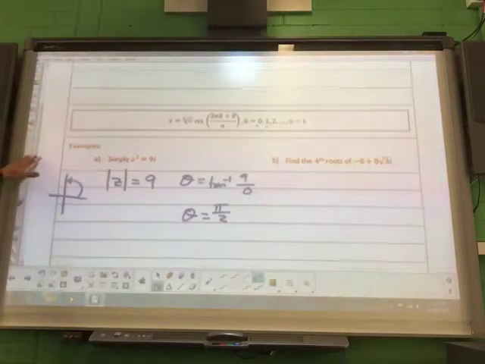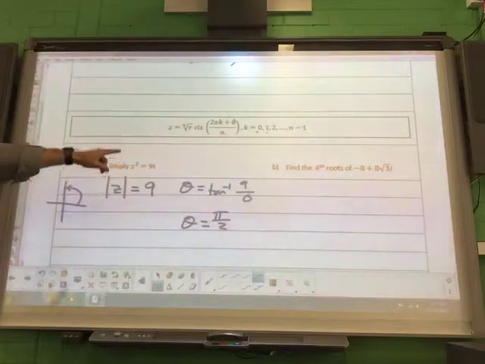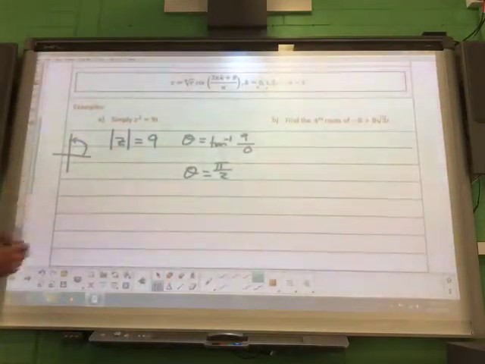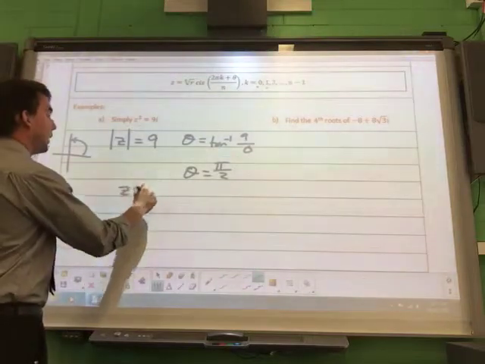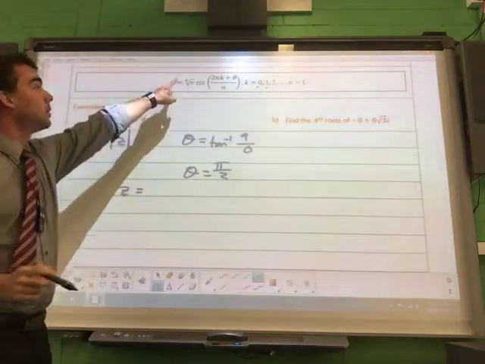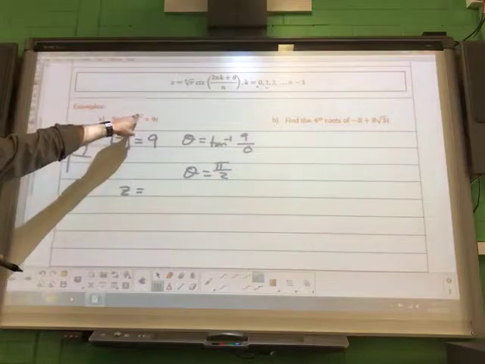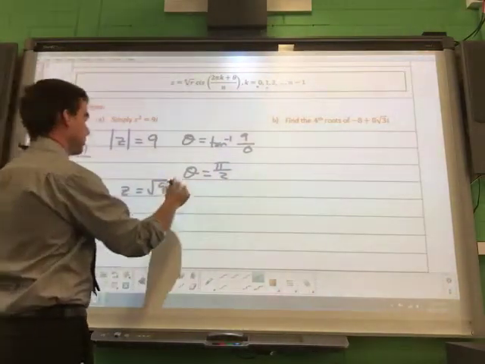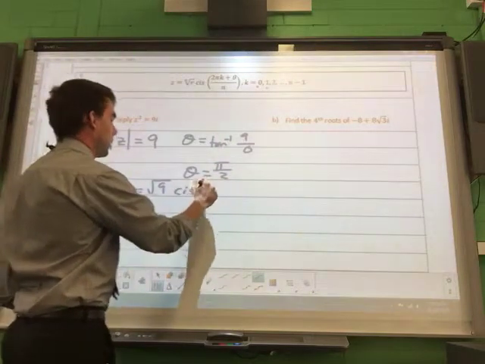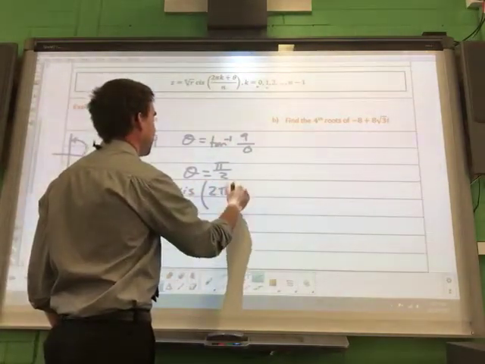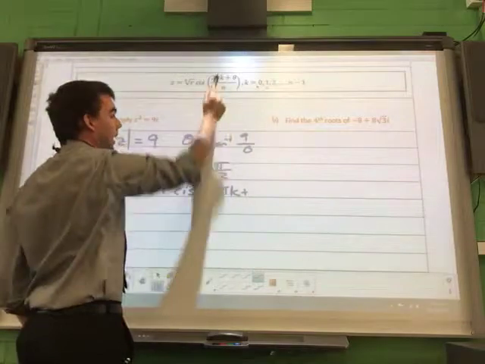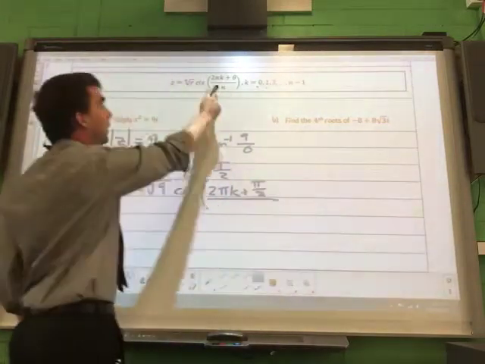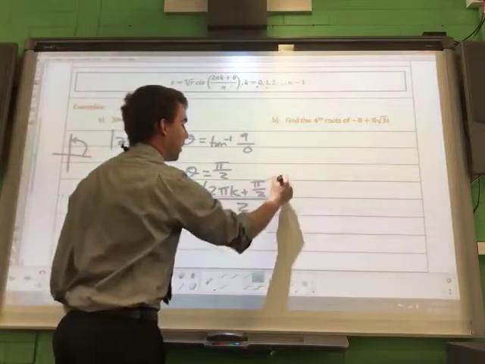So I've found my modulus and argument. I'm going to put it into this formula here. So z is going to be, with n as 2 for the power, the square root of 9 cis of 2 pi k plus the argument pi over 2, over the value of n, which is your power.